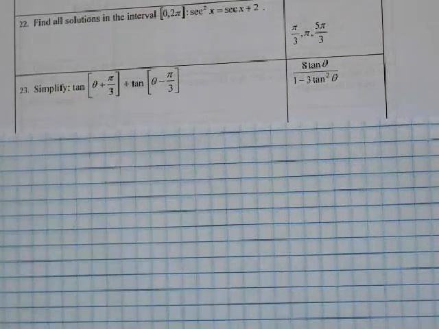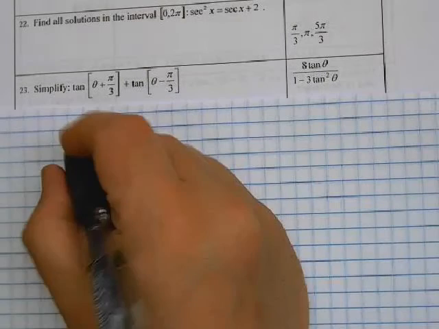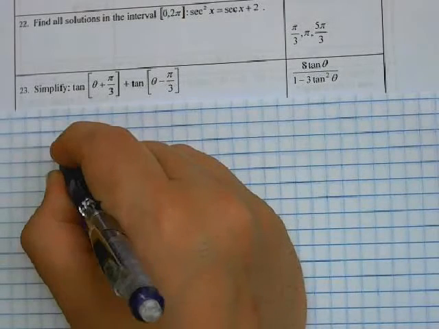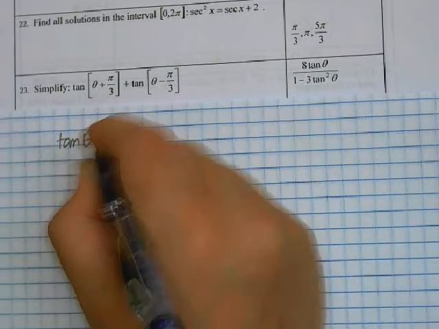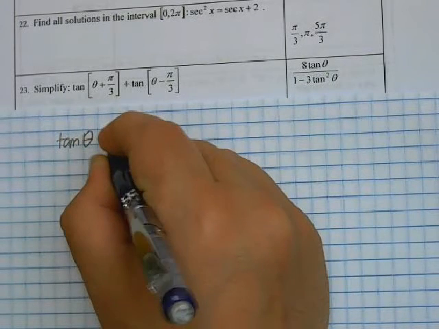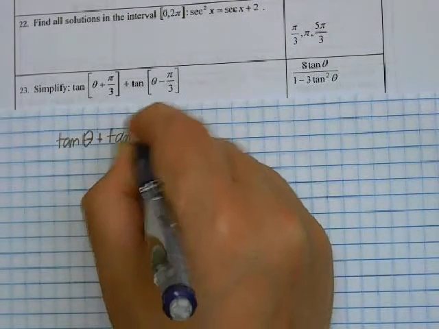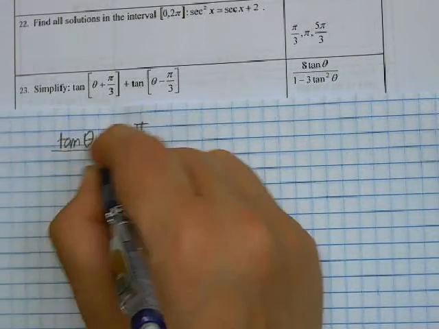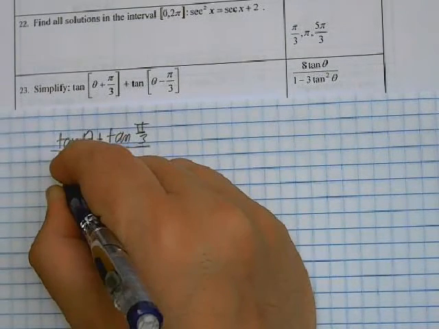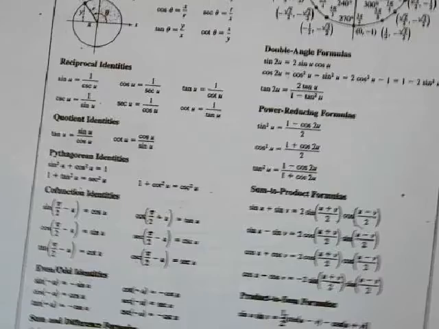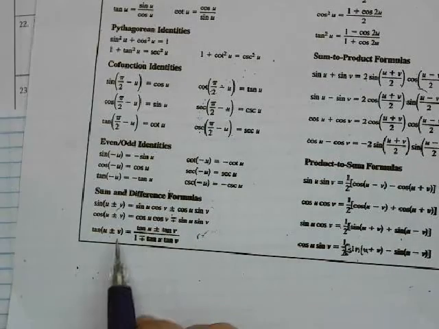So for tangent of theta plus pi over 3, we get tangent of theta plus tangent of pi over 3 over 1 minus. Now take a look at the formula sheet.